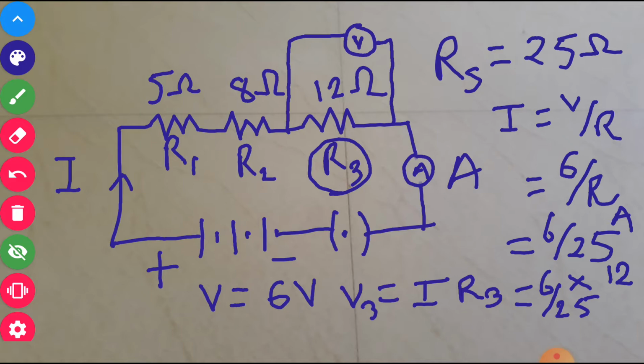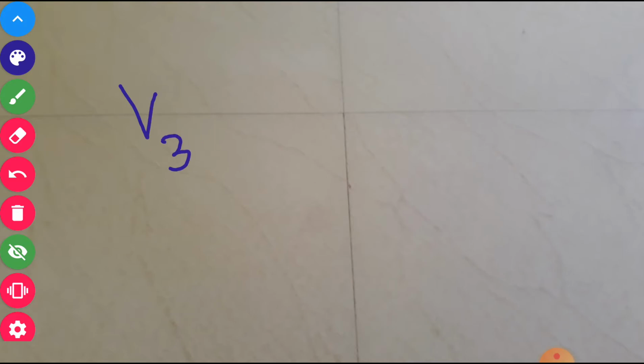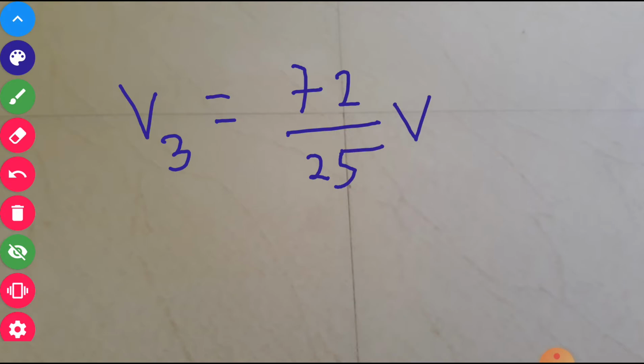So it becomes 72 upon 25 volt. The voltage across the third resistance, V3, is equal to 72 upon 25 volt. So this can be the answer.